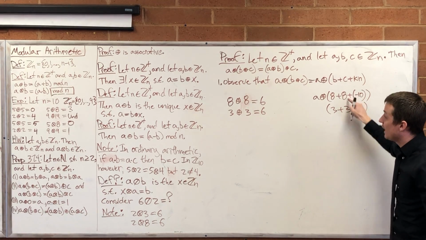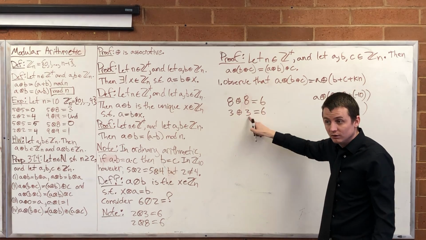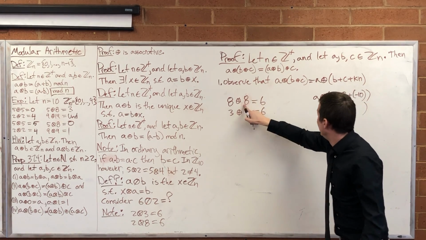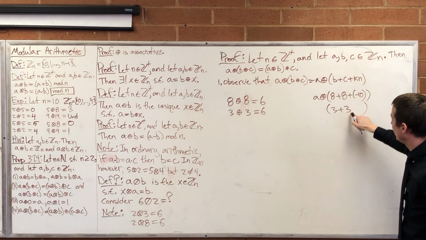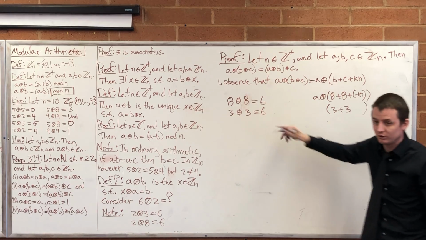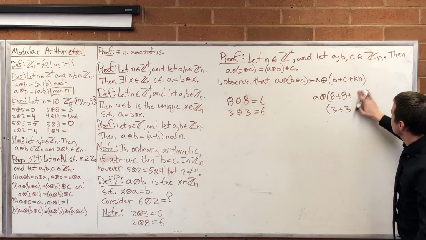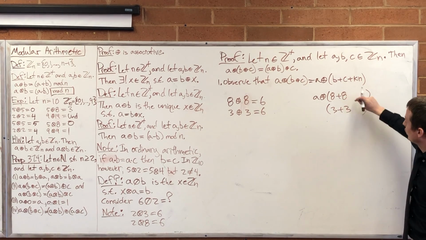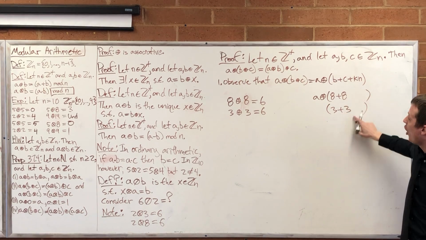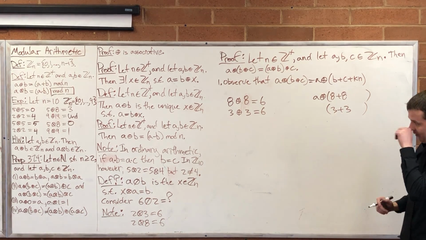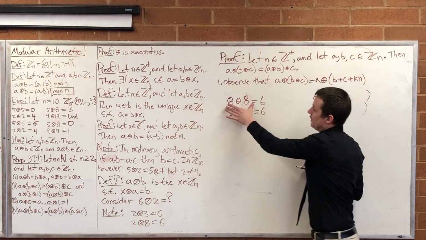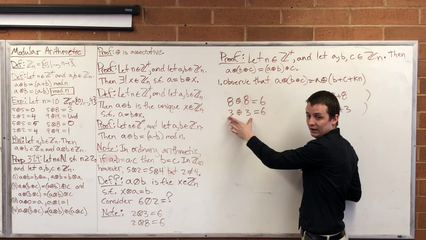Which would have been the exact same thing as if I had just done 3 plus 3. These are both the exact same number over here, but this, when we plug it in, gave us 16, and then we'd have to subtract 10 to get the same number that we got here, which was just 6. So to convert between these two things, all our answers are within a multiple of 10 of each other. That's what I'm trying to say. Maybe that's a better way to say it. Notice that this and this are the exact same thing, right?